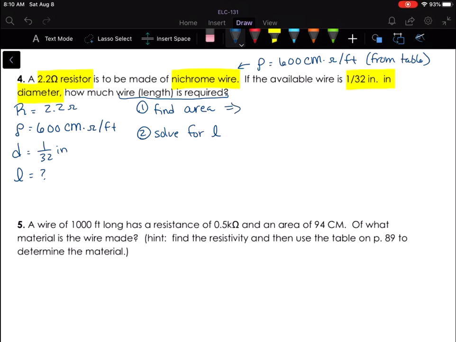Remember, our diameter needs to be in mils. So we have 1,000 mils in 1 inch. So we've got 31.25 mils there.